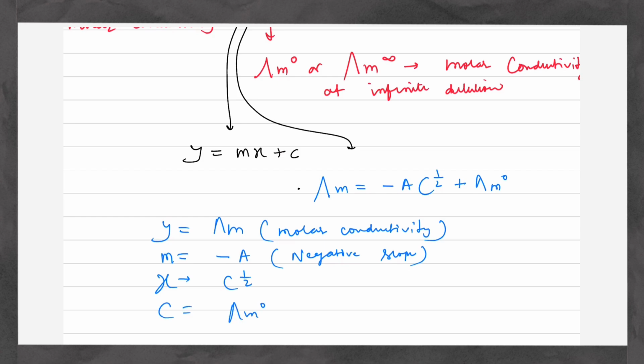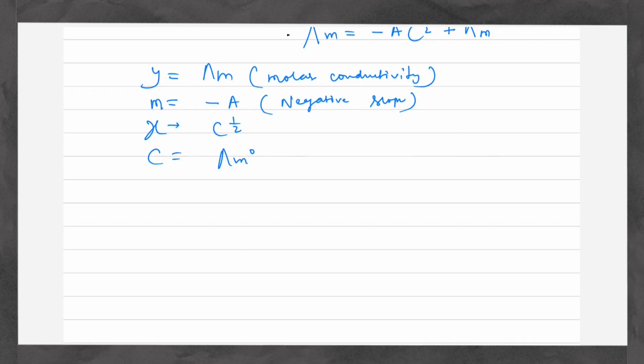So I can easily plot my graph. We have concentration on the x-axis, molar conductivity on the y-axis, and the slope is negative, which means this will be a line like this.